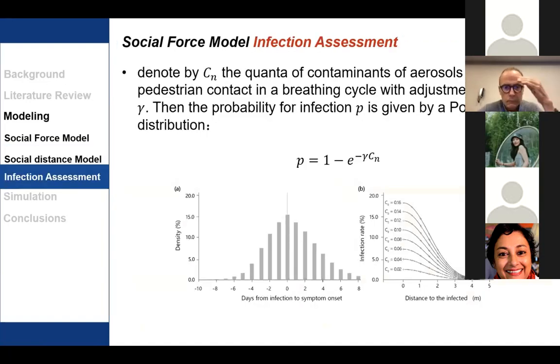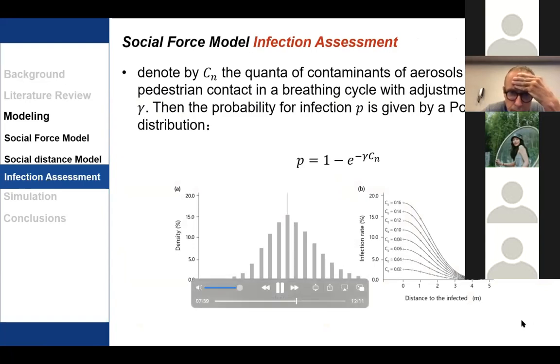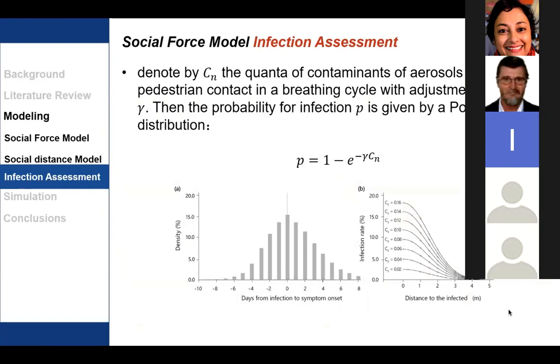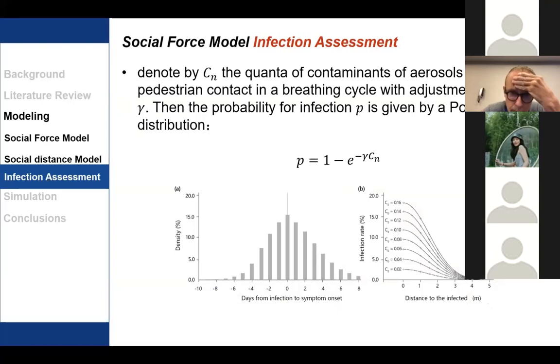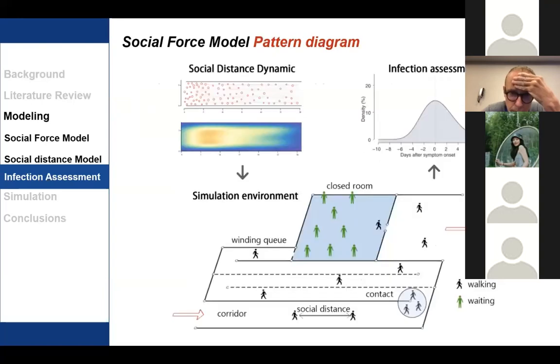Finally, we use the number of contaminants of aerosols that a pedestrian contacts in a breathing cell with adjacent coefficient gamma. Then the possibility for infection P is given by a Poisson distribution. This is the pattern diagram.